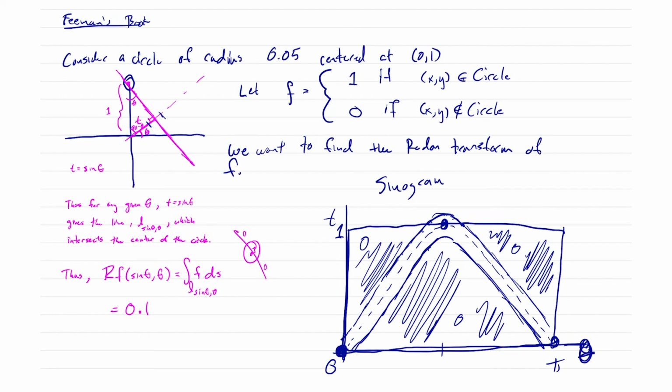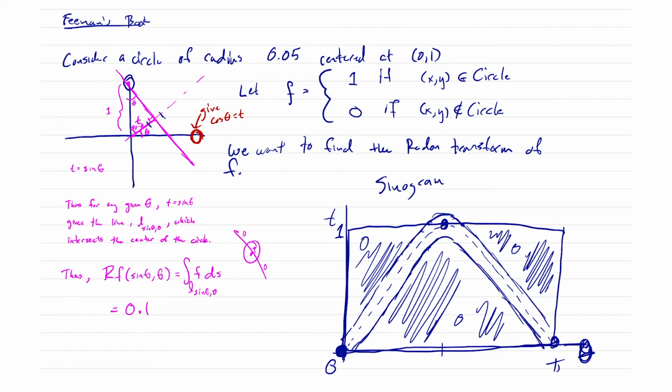Okay. Now, if I were to have a circle over here, at (1, 0), then this will give cosine of theta equal to t. Okay, so that's the idea.